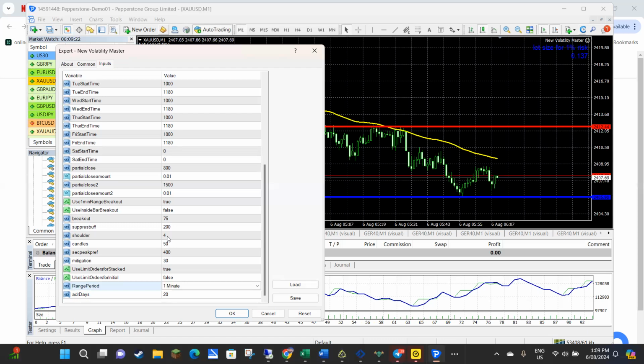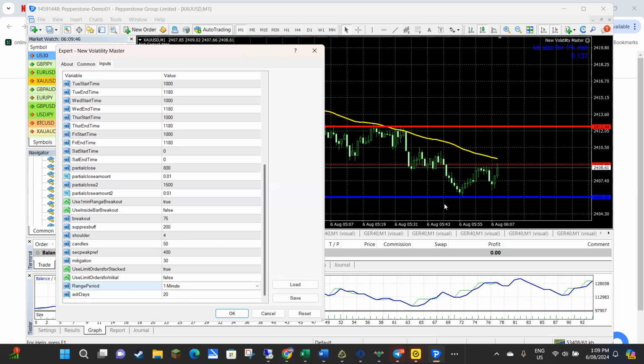Shoulder. That's how the software is calculating a peak or a trough in this case. So for this to be considered a peak or a trough, the 4 candles either side of it need to be higher. Therefore, it's making a peak trough shape. That's 4.